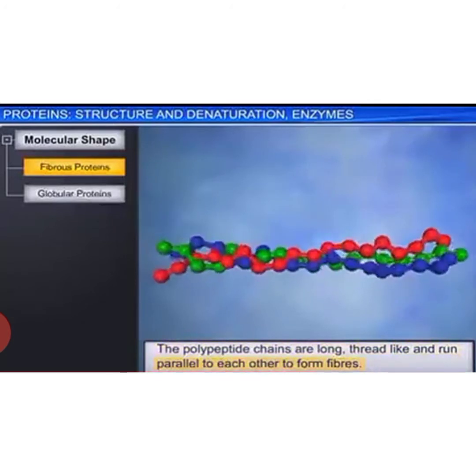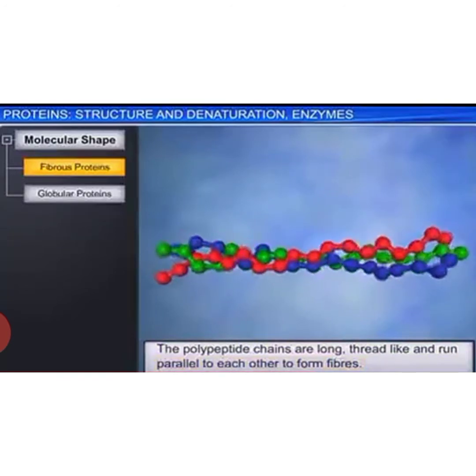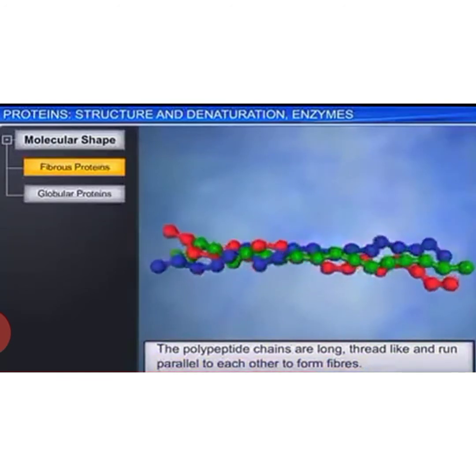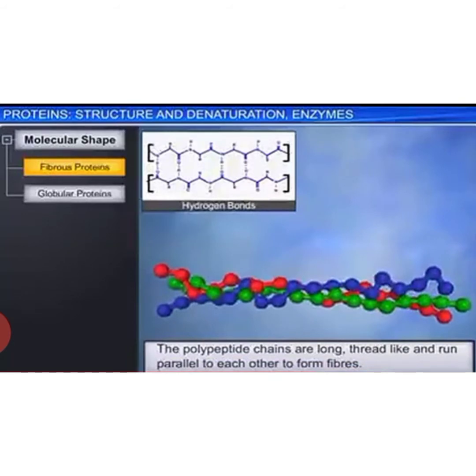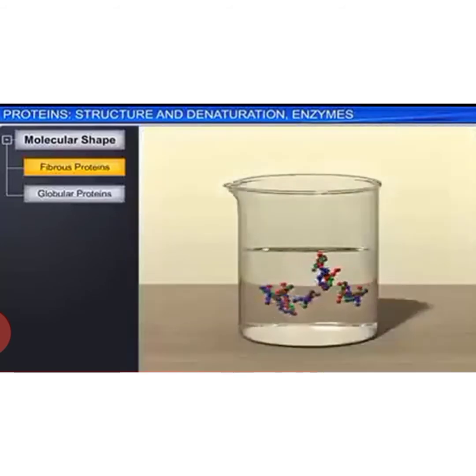These parallel chains are held together by hydrogen bonds and disulfide linkages. Due to their strong intermolecular forces of attraction, fibrous proteins are generally insoluble in water.